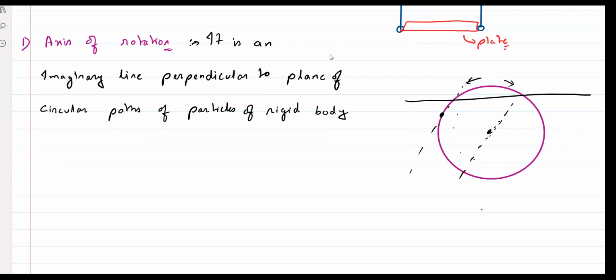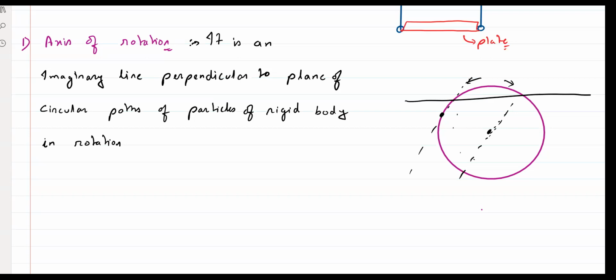Yes or no? Right? In rotation. Right? Yes or no?